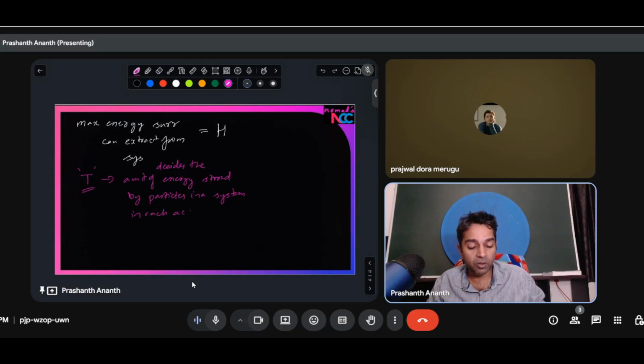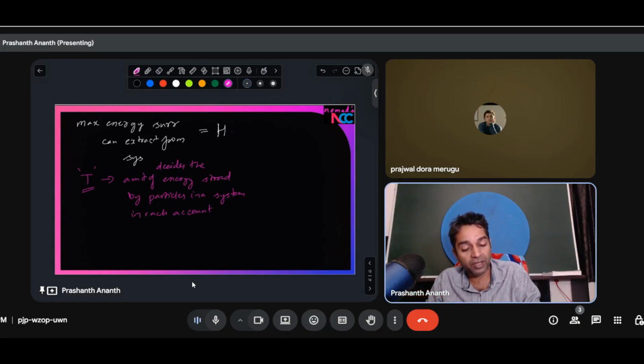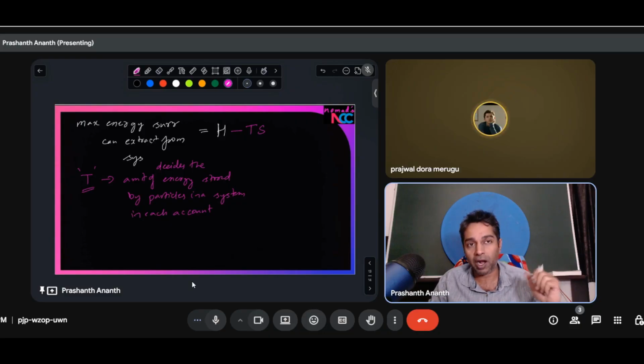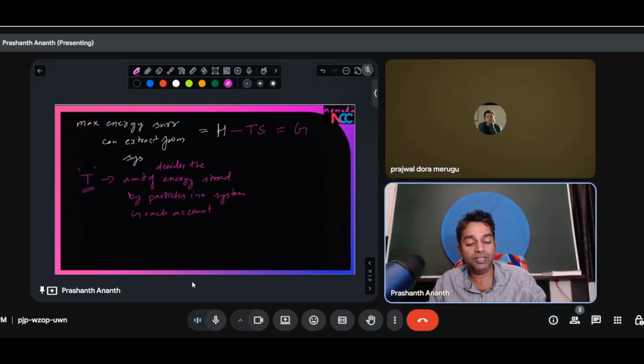An account can be looked at as a degree of freedom, or you can think of it as one way of movement, or any kind of account where energy is going to be stored. So effectively, the maximum energy which we can extract is, simply put, the total energy available minus temperature times the number of energy states, or the number of different accounts which are applicable at that given condition, which is what we are now defining as G.